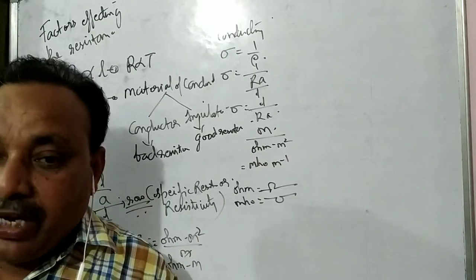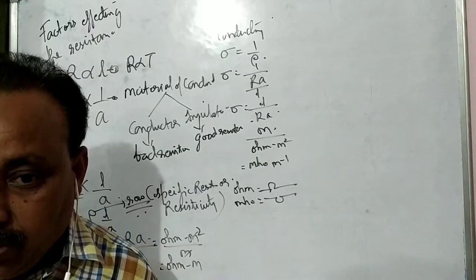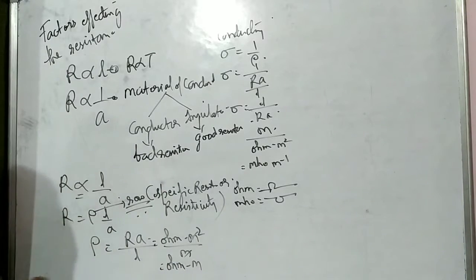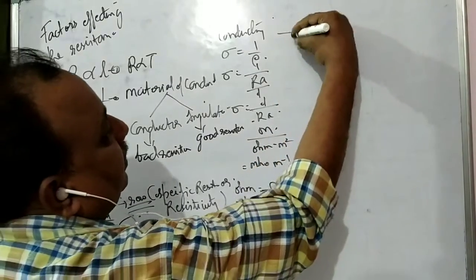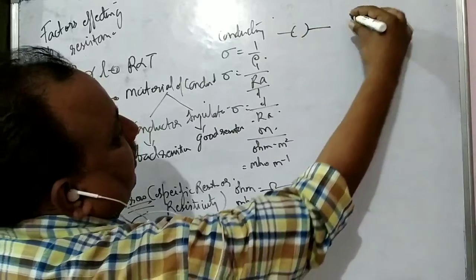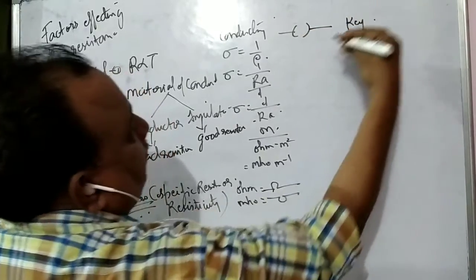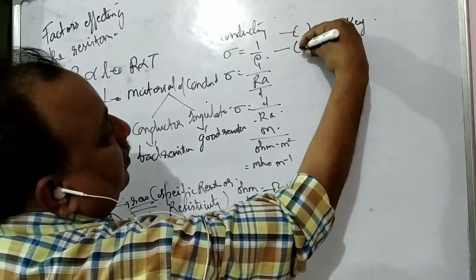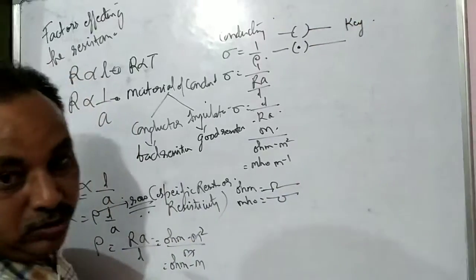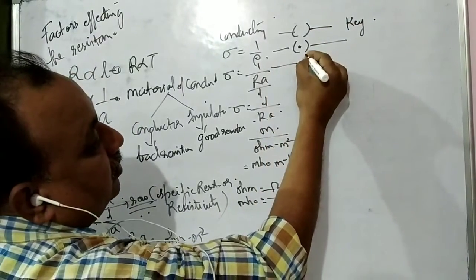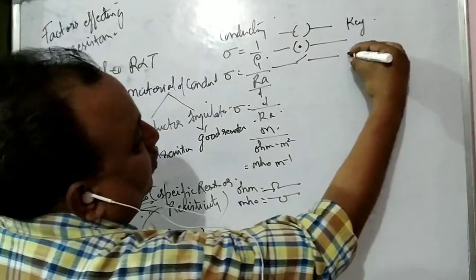Apart from this, while you are making a circuit, several things you have to check. This is the symbol of an open key. This is a closed key. This is a representation of a switch.